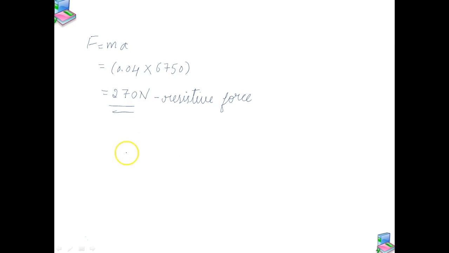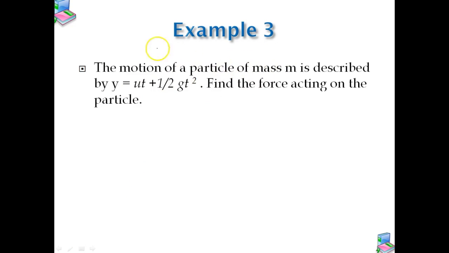So now let us see one more simple problem. Let us consider one more very simple example here. The motion of a particle of mass m is described by y is equal to ut plus half gt square. Find the force acting on the particle.